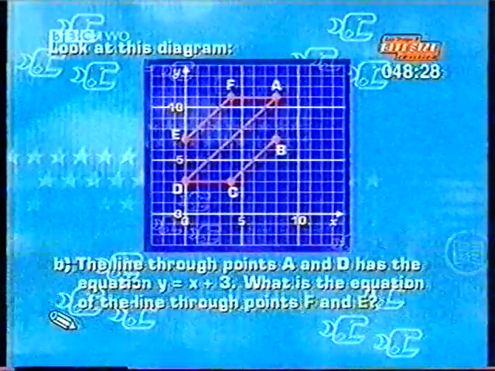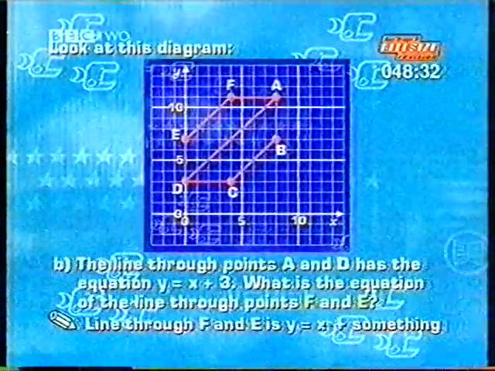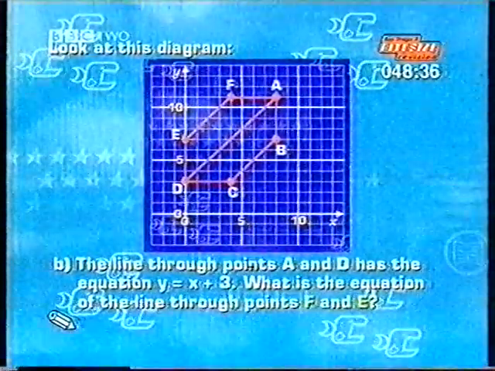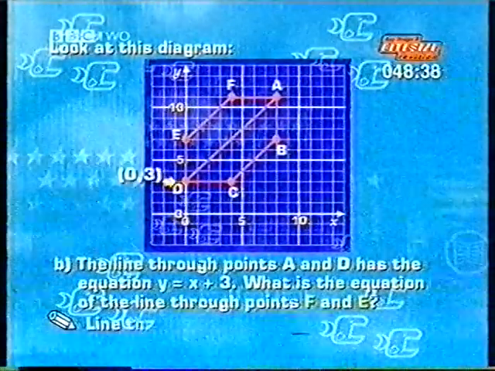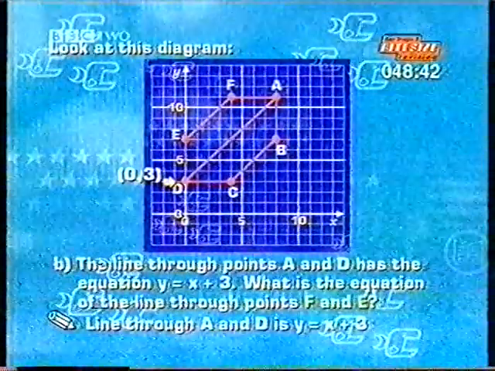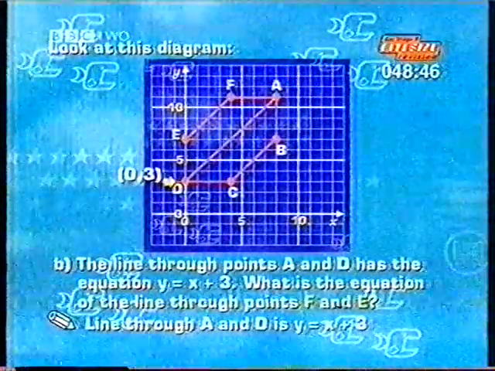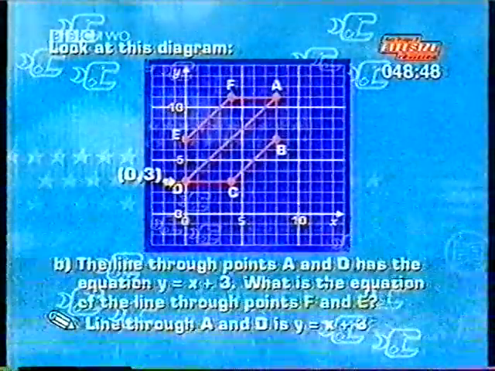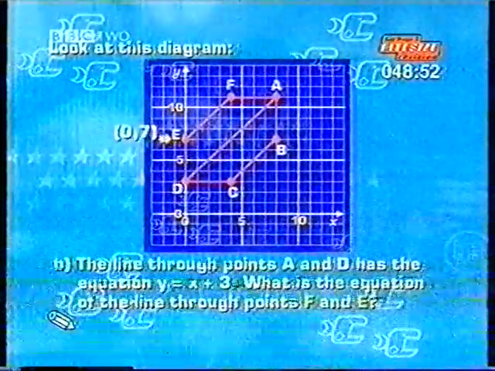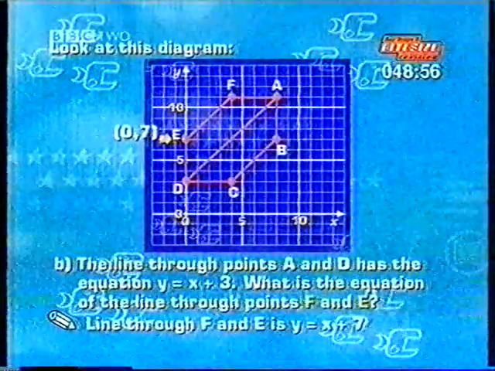So we know its equation is y equals x plus something. Now we can see that the line through A and D, which is y equals x plus 3, crosses the y-axis at the point 0, 3. So the line through E and F, which crosses the y-axis at the point 0, 7, must have the equation y equals x plus 7.